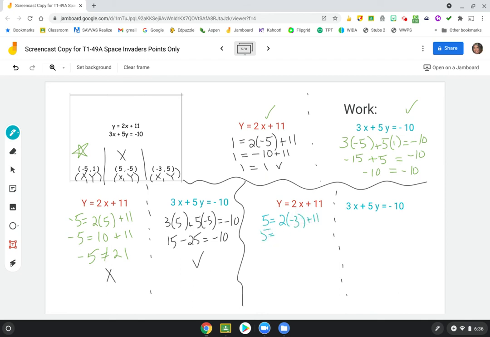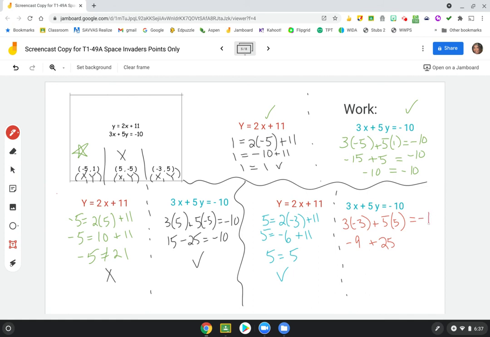2 times negative 3 is negative 6, and negative 6 plus 11 is equal to 5. So this point, negative 3, 5, is on the first line. And let's just double check that it's not on the second line. So 3 times negative 3 is negative 9. 5 times 5 is 25.